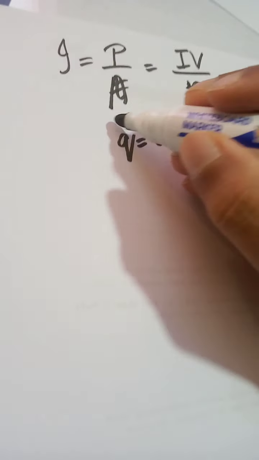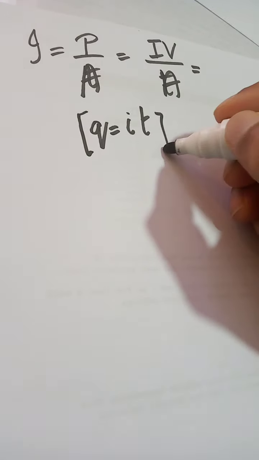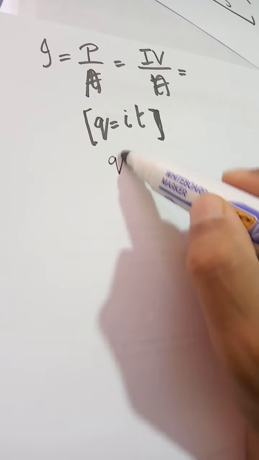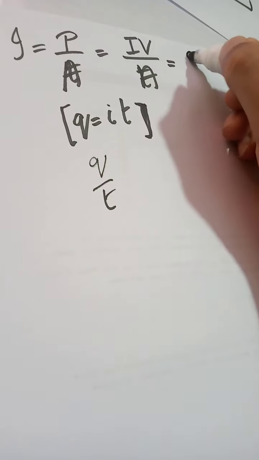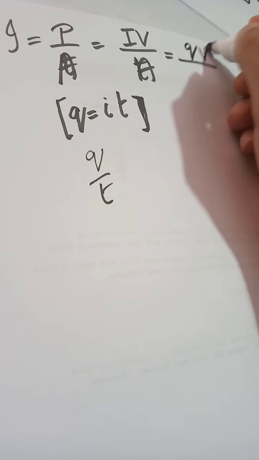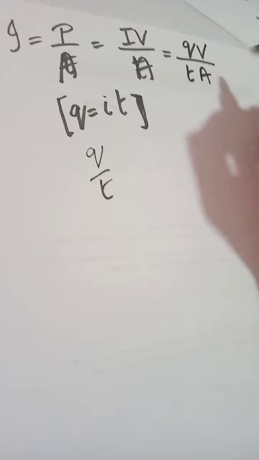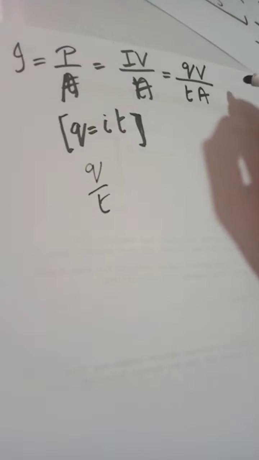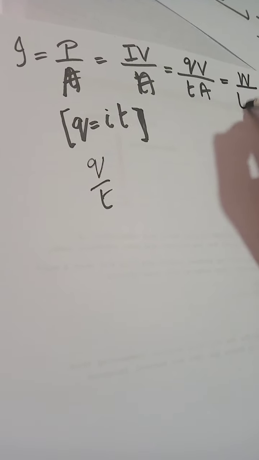This is a small change, so we're using the lowercase for delta, small change. So that'll be Q over t. So that'll be QV over tA. So that'll be QV, which is work done, over tA.